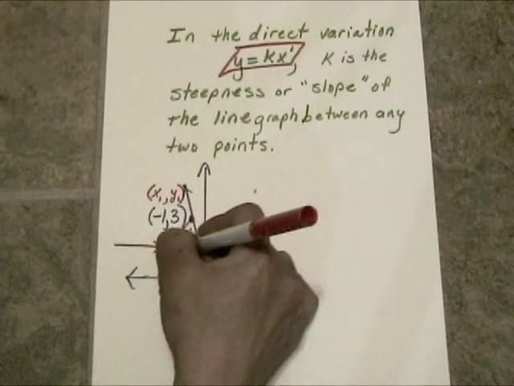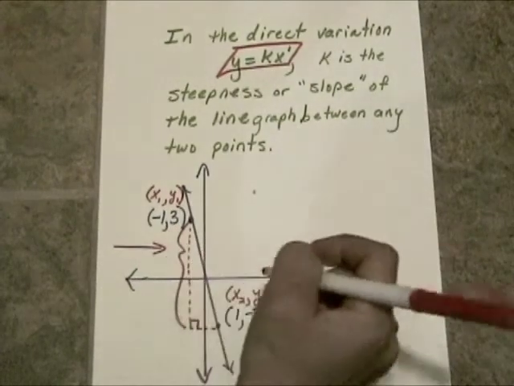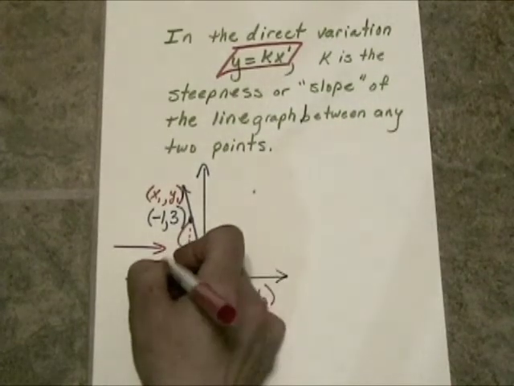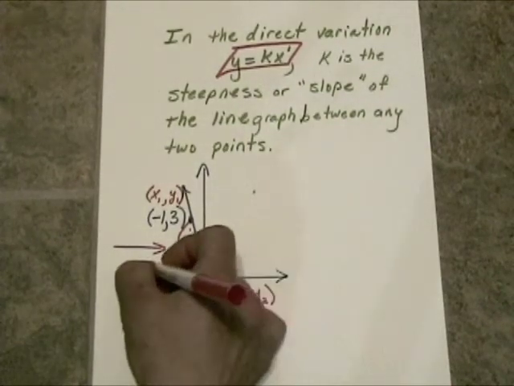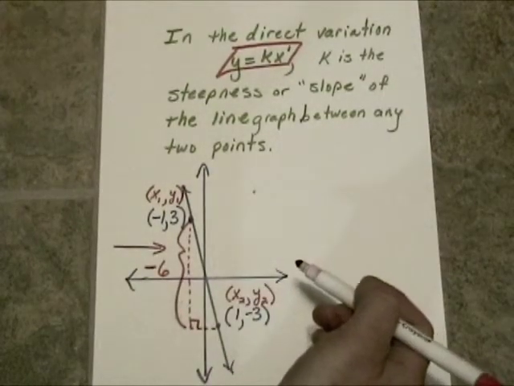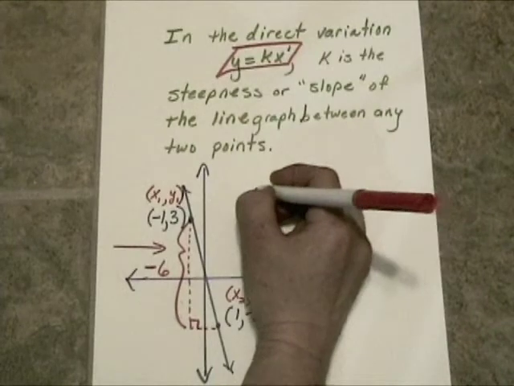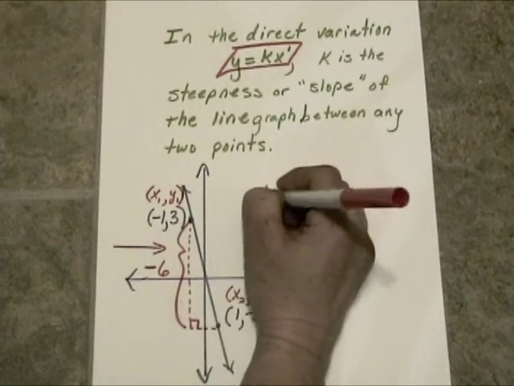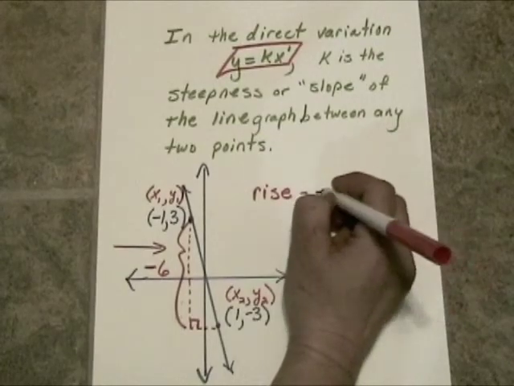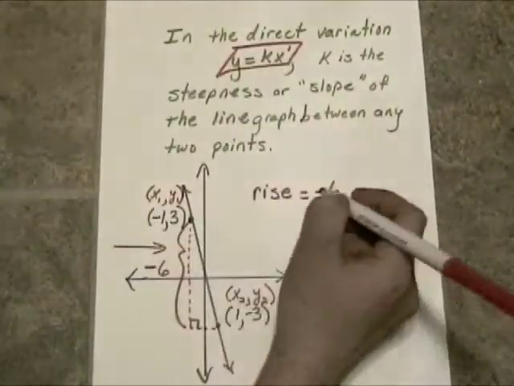So to get from here down to here, we dropped 6 units. That's a drop of 6, and I'll call that -6. The rise is equal to -6 because it's a drop.